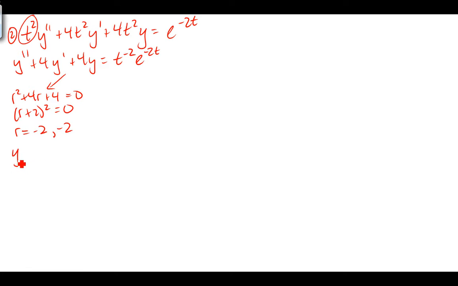And so little y1 is e to the negative 2t. But remember from earlier, our second solution, we put a t in front of it, right? So y2 is t e to the negative 2t. Okay, so we got our homogeneous done.